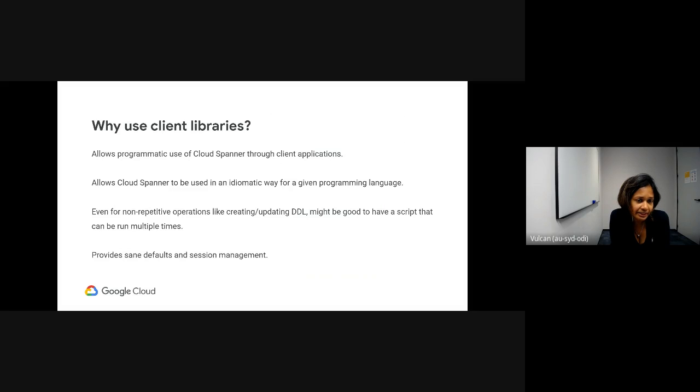One of the main reasons that the client libraries exist is to also provide some sane defaults. We're going to be talking about some of the parameters that could be set in the clients, and also about session management, which I will cover shortly.